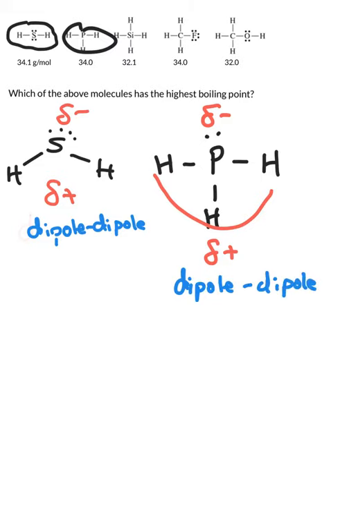For SiH4, a central silicon atom with 4 hydrogens, is completely symmetric and therefore must be nonpolar. This is a tetrahedral molecule. Nonpolar molecules' strongest intermolecular force of interaction can only be London dispersion forces.